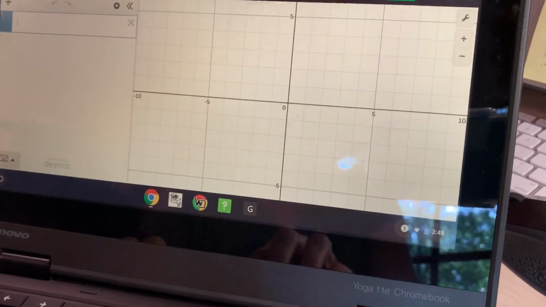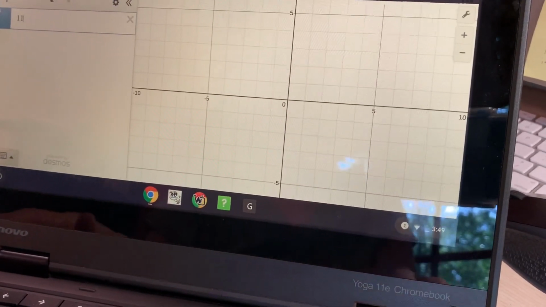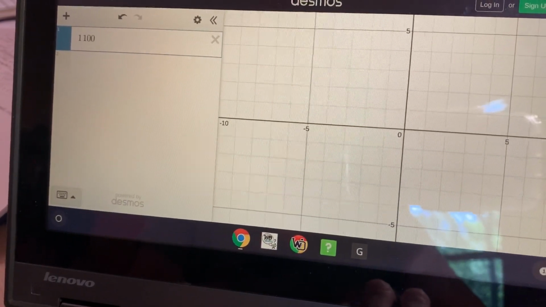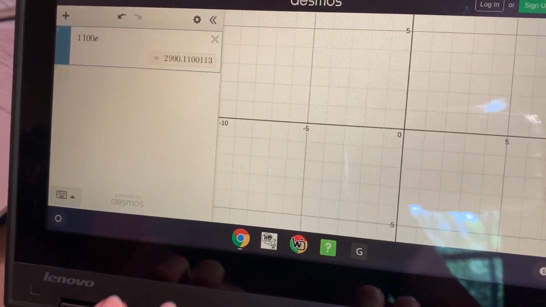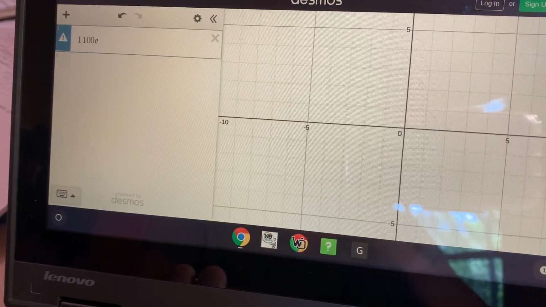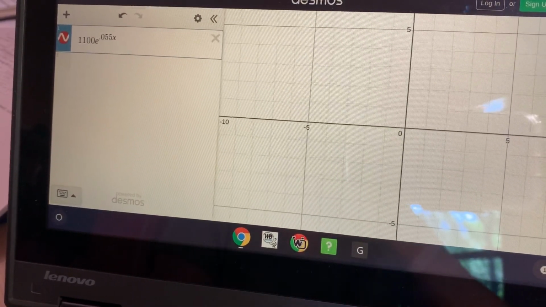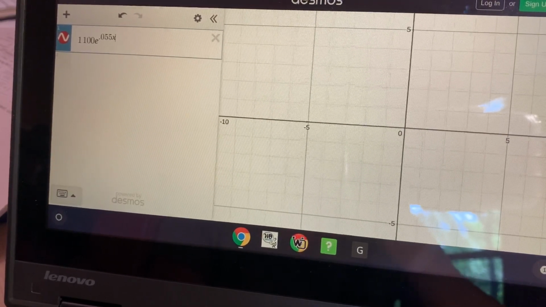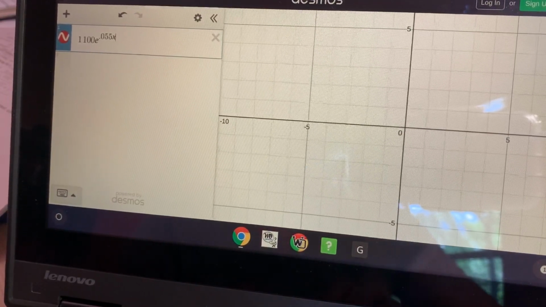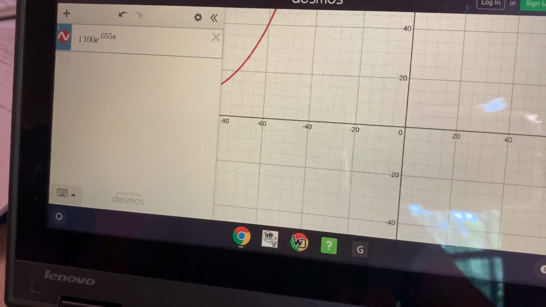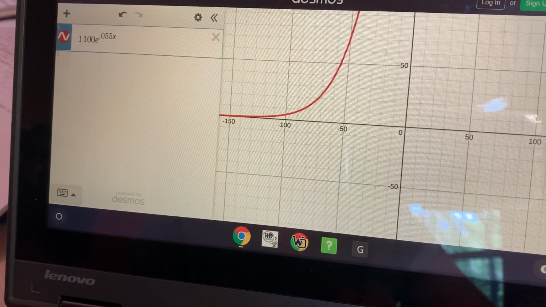We're putting in 1,100 E to the 0.055, and remember, you have to make that an X when you put it in Desmos. So if I look over here, I don't really see a graph. I think it's because this number is 1,100, so the graph is, there it is. You gotta zoom way out to see it.